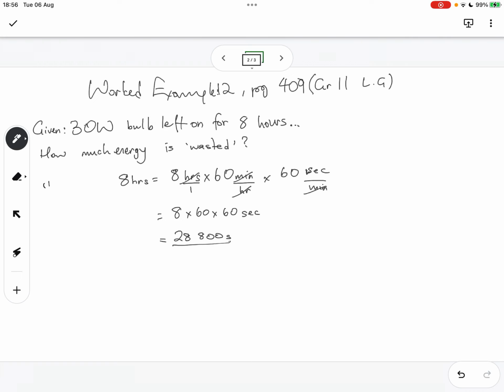Now, remember, energy is power times time. Now we need to work out the energy. We've got the power, it is P, and we've got the time.